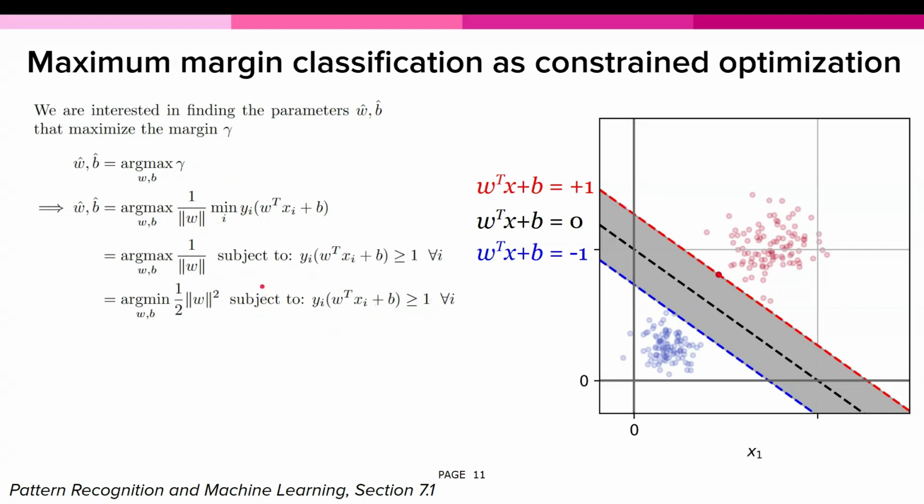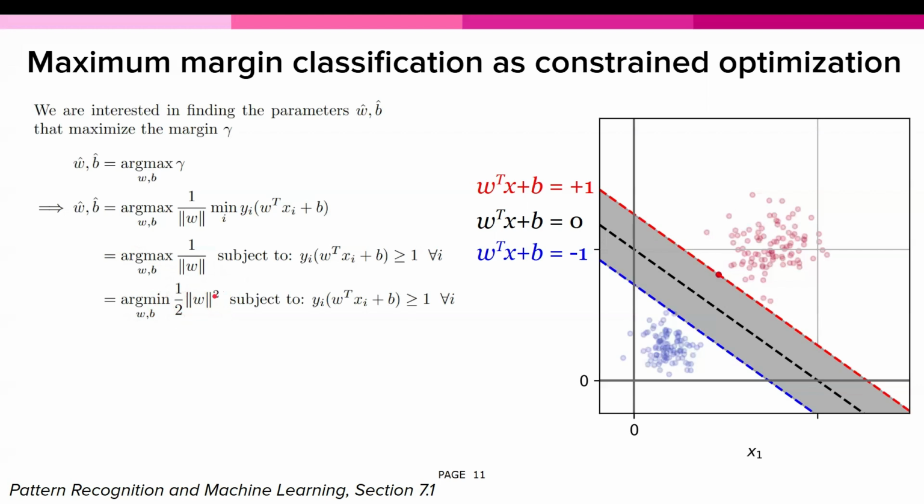As maximizing the inverse of the norm of the weights is equivalent to minimizing the norm of the weights, we can rewrite the objective as a minimization, where before we had a maximization. And also we can choose for convenience to minimize half the squared norm.